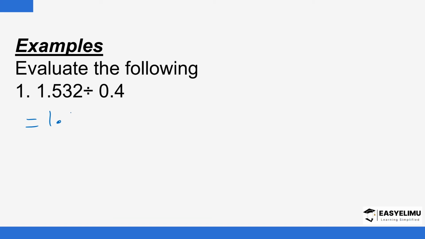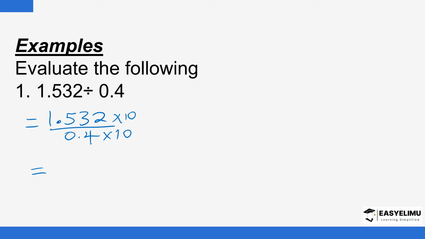So 1.532, and then you are dividing by 0.4. So how can I make the divisor here to be a whole number? I need to multiply both the dividend up there and the divisor here by 10. So this by 10 and the other one by 10.